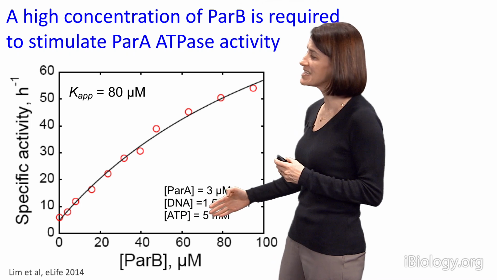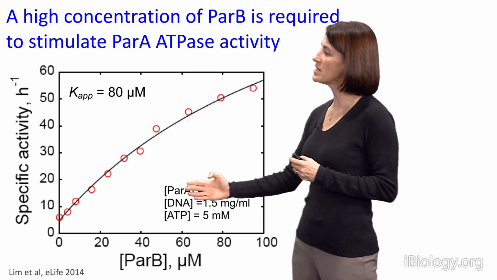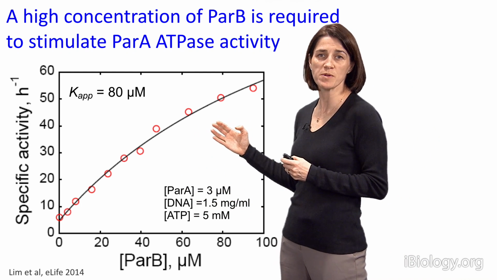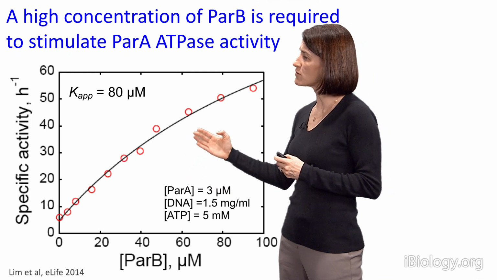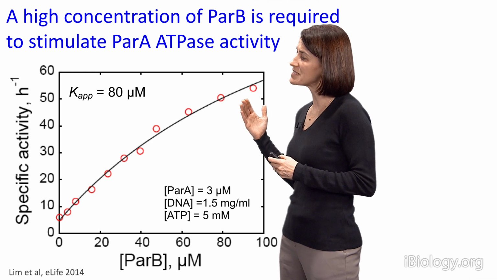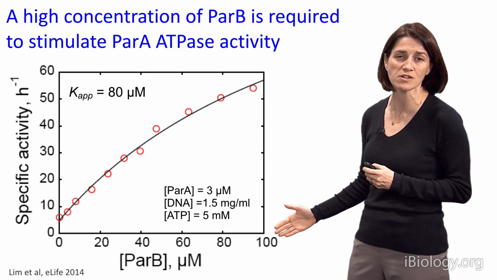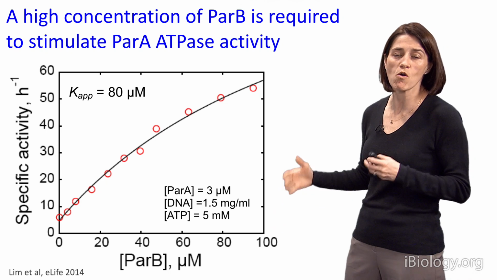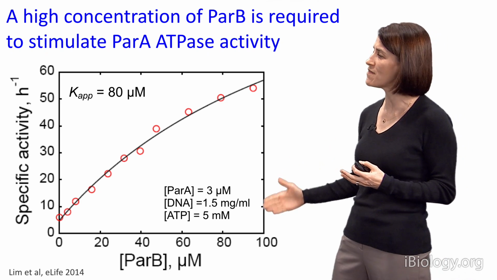It's not high enough to be relevant for the reaction, for the translocation process. But if you increase the concentration of ParB, you see a really nice stimulation of ParA ATPase activity. But you get a significant, relevant ParA ATPase activity only at very high concentrations of ParB. You need over 100 micromolar ParB to get a nice stimulation.